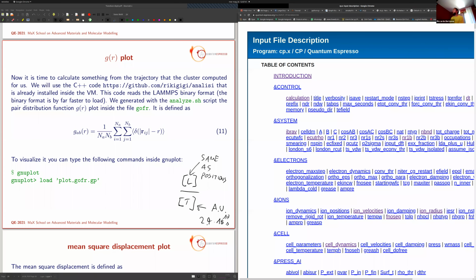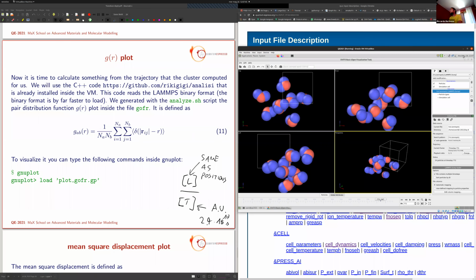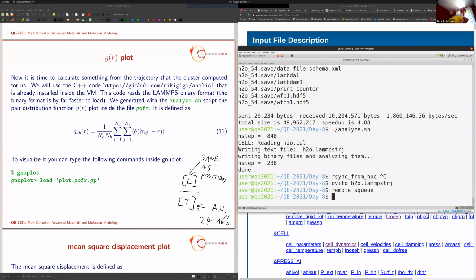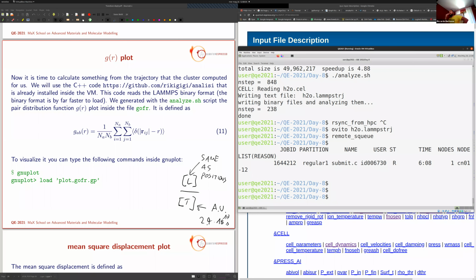And maybe I can mention in the meantime, maybe it's finished. Let's see. Oh, it's running. Okay. I can mention where you can find some documentation.